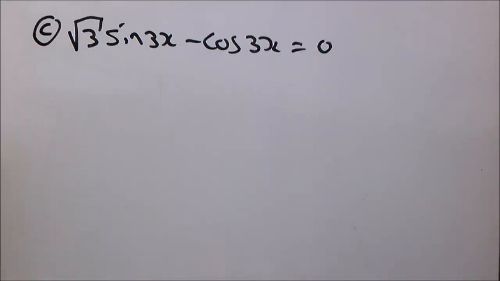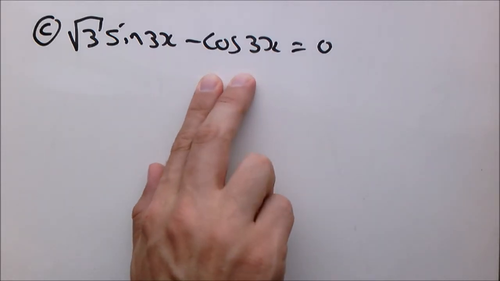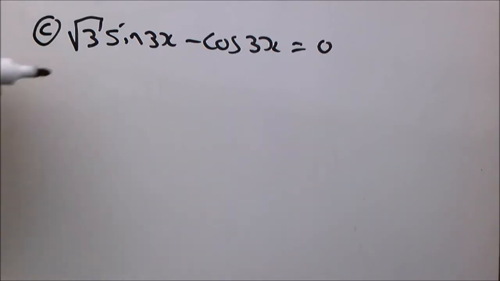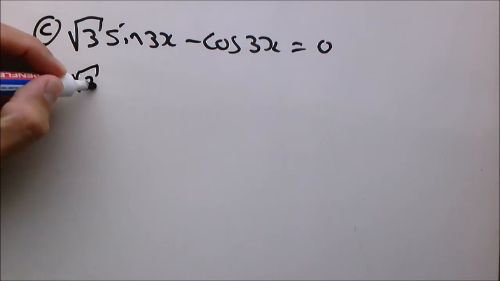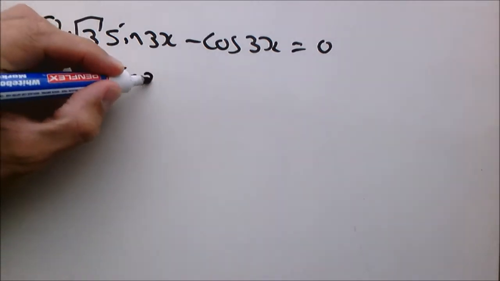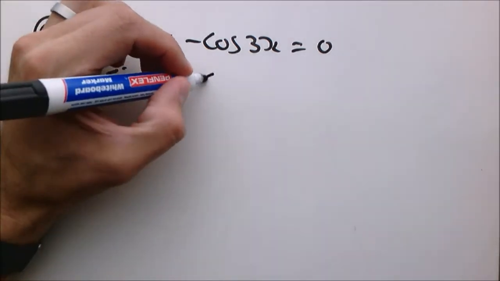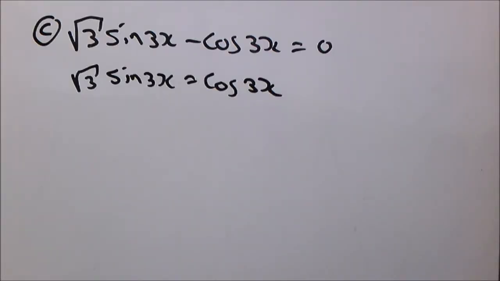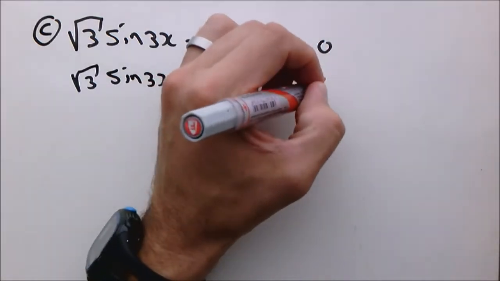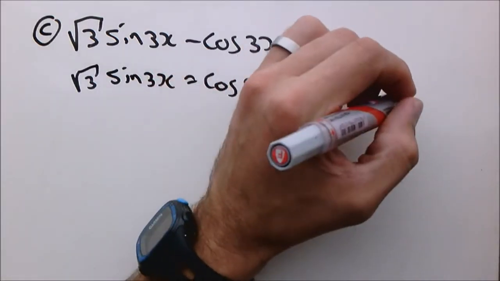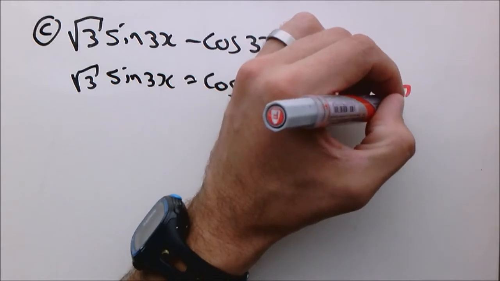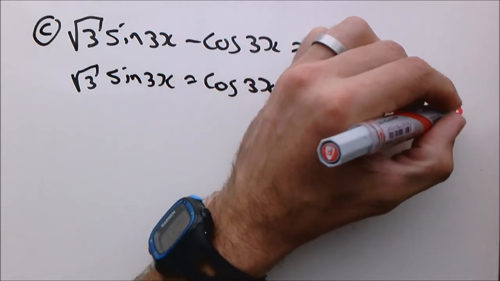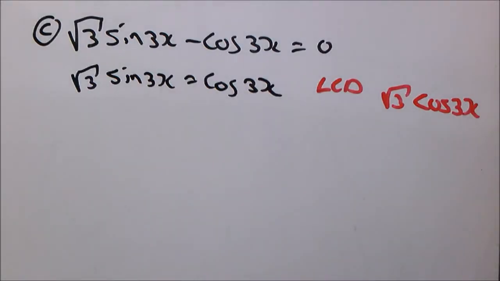Okay, so first things first, we're going to take the negative cos 3x across. So this will become square root of 3 sine 3x equals cos 3x. Then we are going to divide by the square root of 3 cos 3x. That's what we are going to divide with.